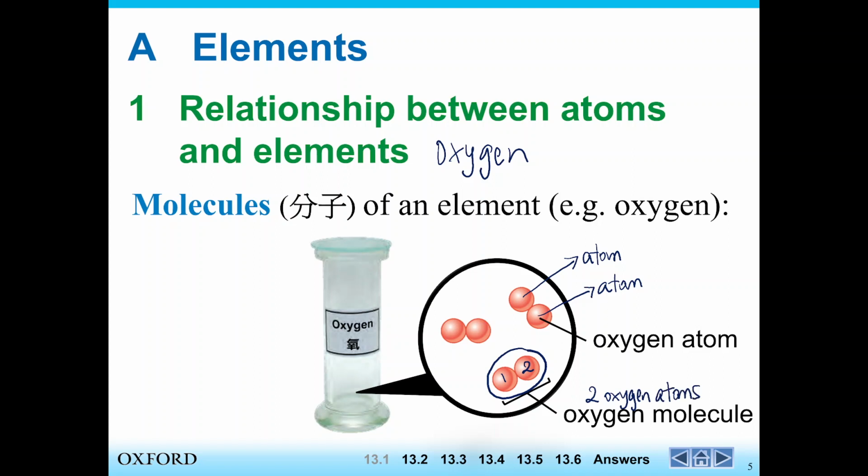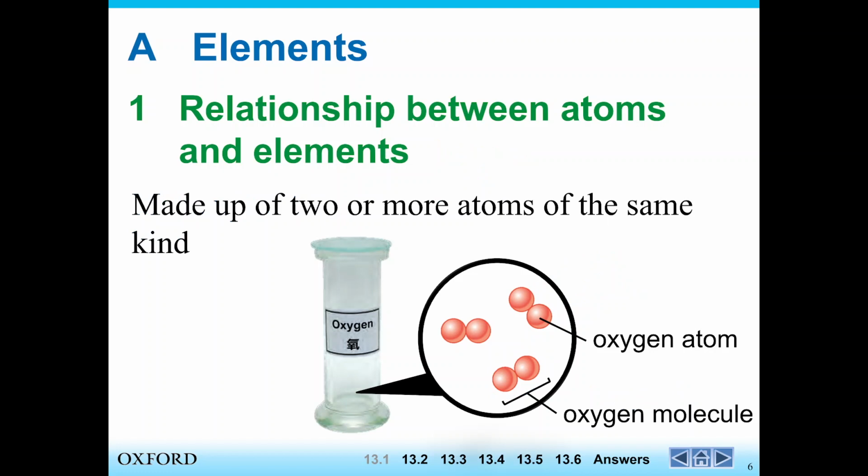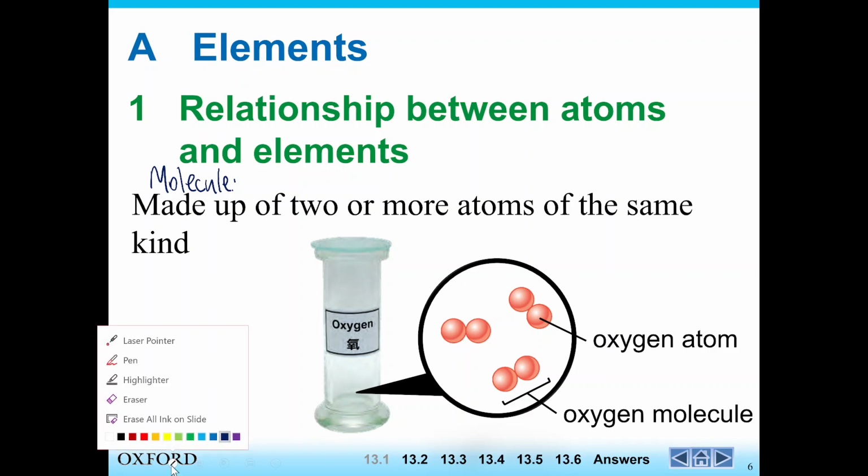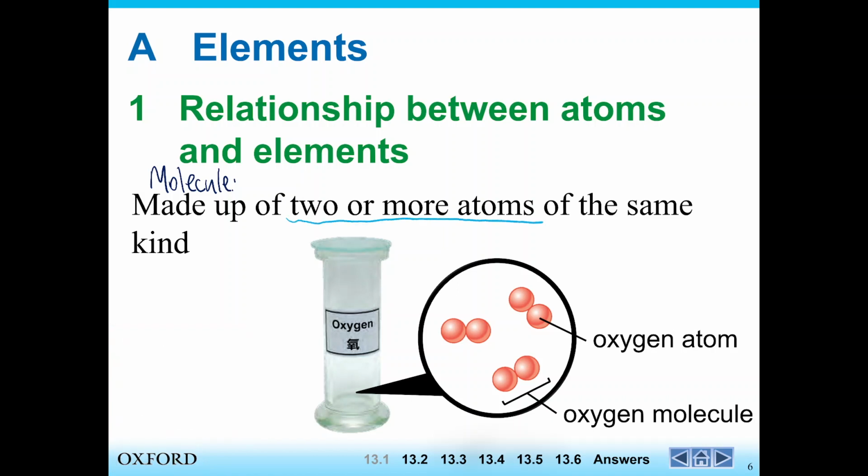Okay, so in other words, what's a molecule? A molecule is basically when it has two or more atoms of the same kind. Can you underline or highlight this? Individually, I'll repeat it again, they're called atoms.